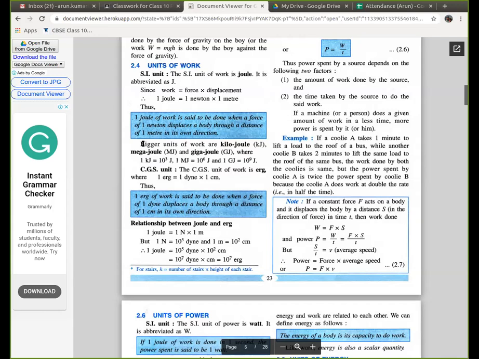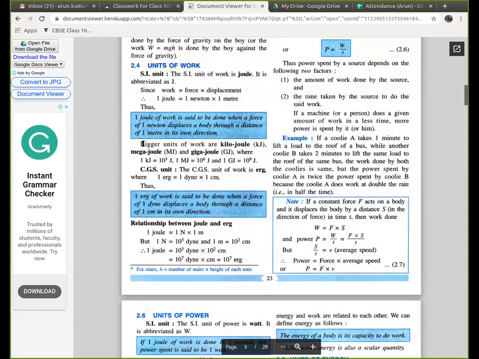Okay, so the CGS unit is an old archaic unit, the unit for work. CGS of course stands for centimeter gram second, which are the measures respectively of length, mass and time. So in the CGS unit, I'm using the same equation, work is equal to force times displacement times cos theta.